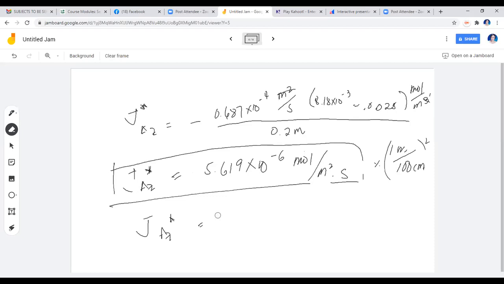So this would be now 5.619 times 10 raised to negative 8. No, plus 4, negative 10. Mole per centimeter squared per second. If we want it in kilomole, this would be even smaller.